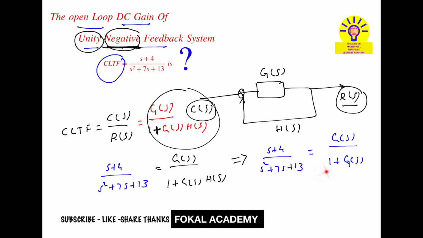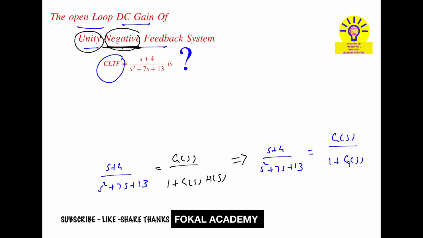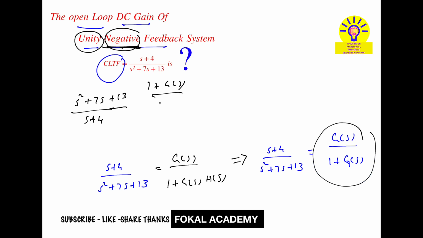Here the simplification is very easy, just a small trick. Apply the inverse on the LHS, it becomes (s square + 7s + 13) upon (s + 4). Simultaneously apply the inverse on the RHS, it becomes (1 + G(s)) upon G(s).